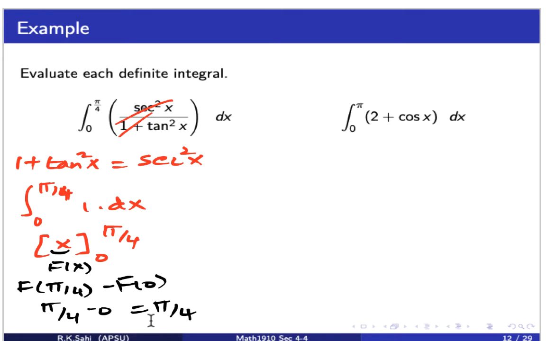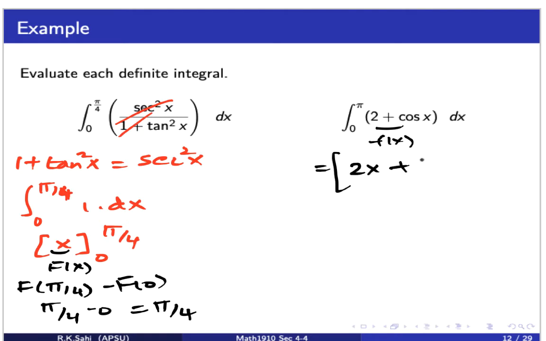Okay. Now, we are going to look at the next problem. So here we have 2 plus cosine x. What are we going to do? First take the integral of the function inside, and what you get is 2x plus sine x, from 0 to pi.